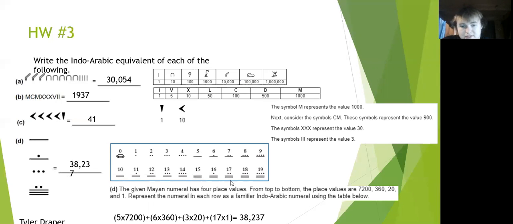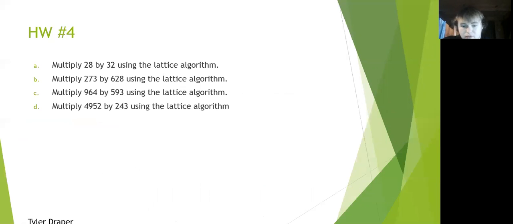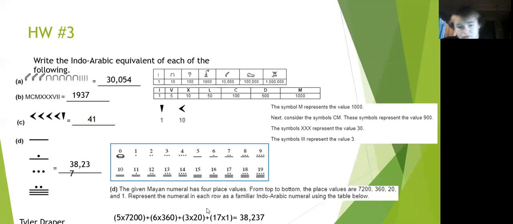Plus, we have 17 here times our last value that you said was 1. Altogether, we get 38,237. I put it on the PowerPoint, but it did slide that 7 down, but you can still see it right here. Basically, what we're doing is finding the value of the symbol, multiplying that by its place value, and then adding all 4 of those together to get our grand total.